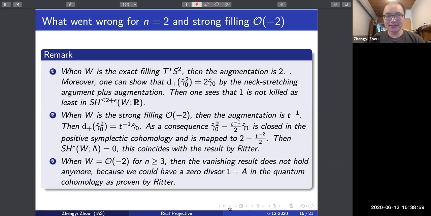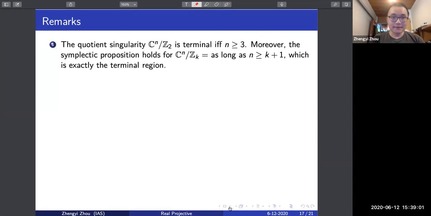So last, I want to talk about some speculations about this proof. So first, note that the quotient singularity by Z2 is terminal if and only if n is bigger than 3. So terminal is an algebraic geometry concept about singularities.